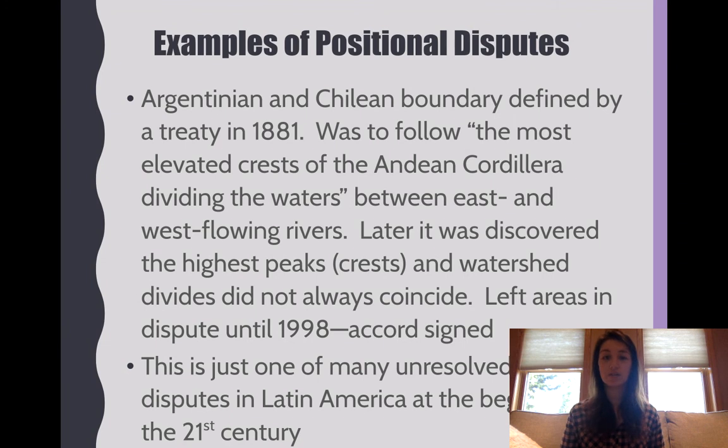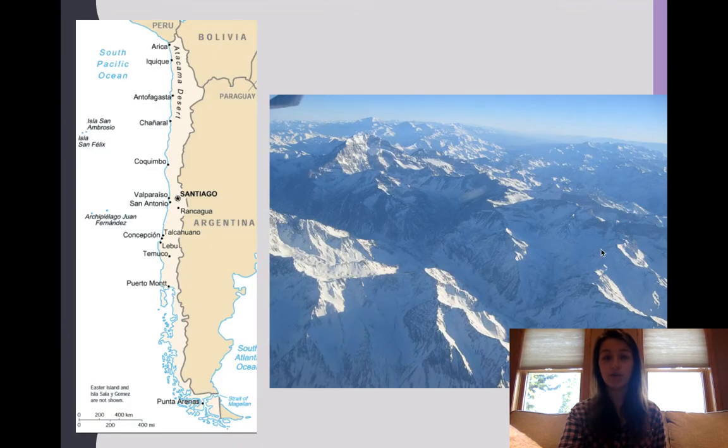And these areas were in dispute for over 100 years. So over here, right? When we're looking at this mountain range, it's not clear where Chile ends and Argentina begins, and vice versa. And that became problematic until this was solved in the late 1990s.